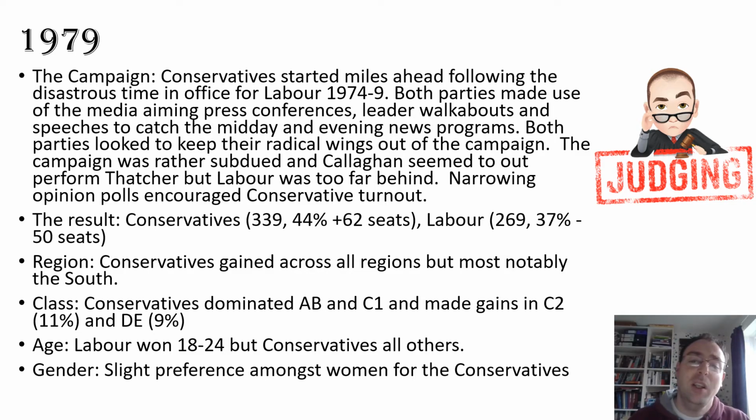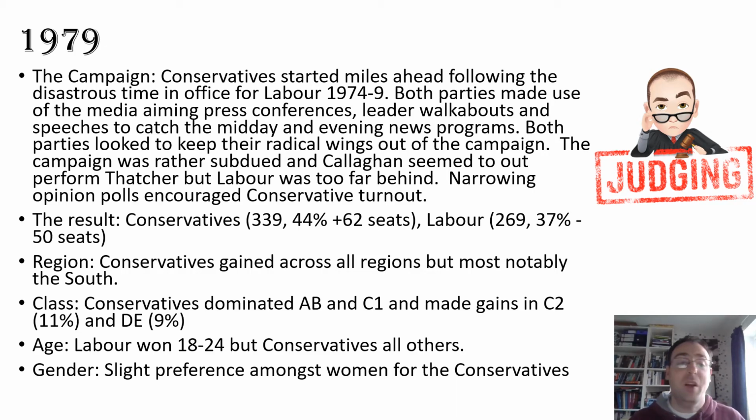They'd have the leader walkabouts timed to hit the early evening news, and then they would have the major speeches made in time to hit the late evening news. So they were starting to work out that what was really important was the way it was presented through the daily news programmes on the TV channels.